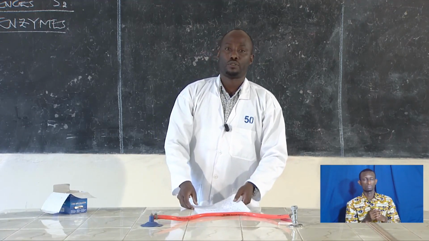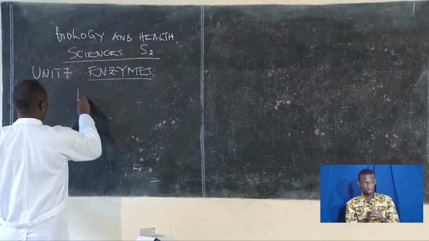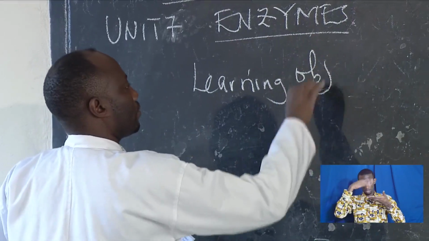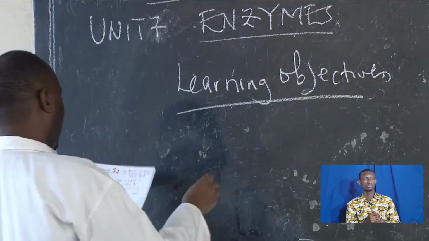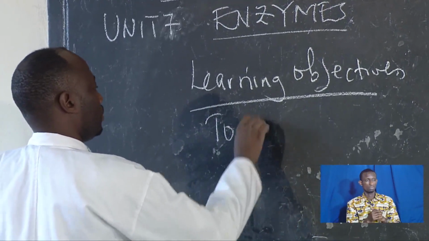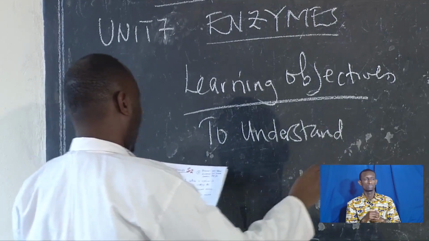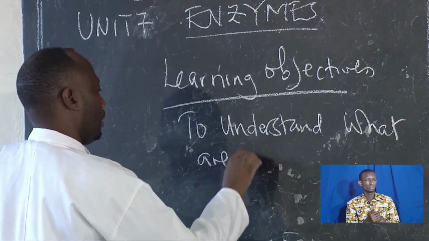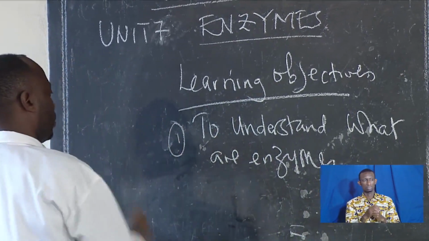So these are the learning objectives of today's lesson. Number one is to understand what enzymes are. That is learning objective number one.